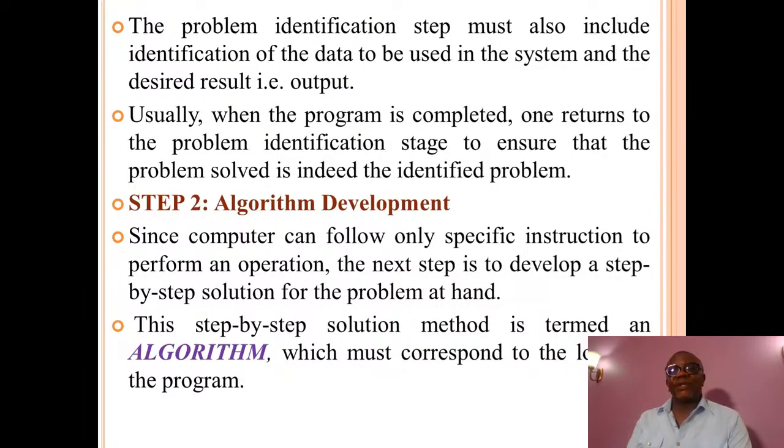The problem identification step must also include identification of the data to be used in the system and the desired result, that is the output you are expecting from your design.